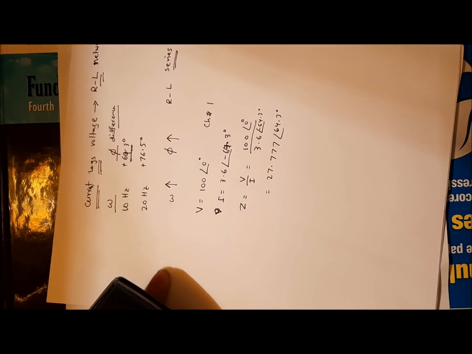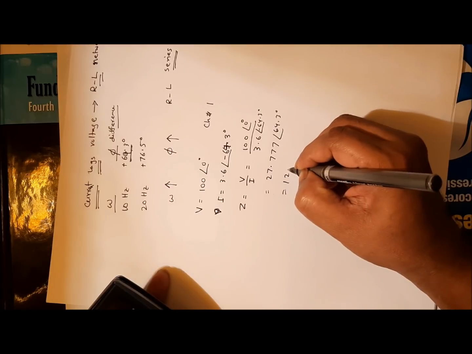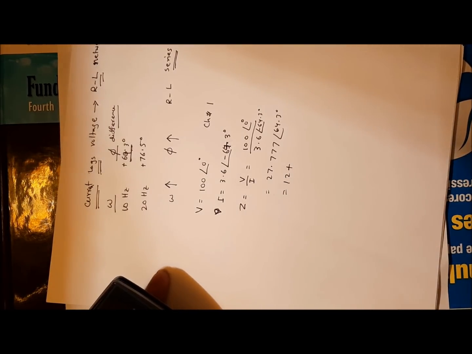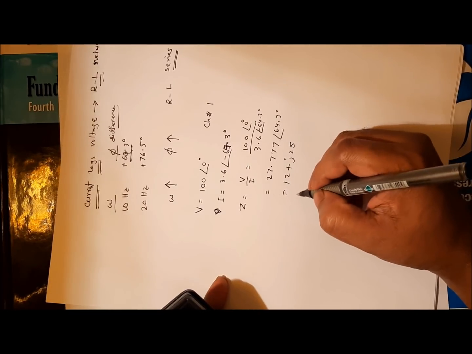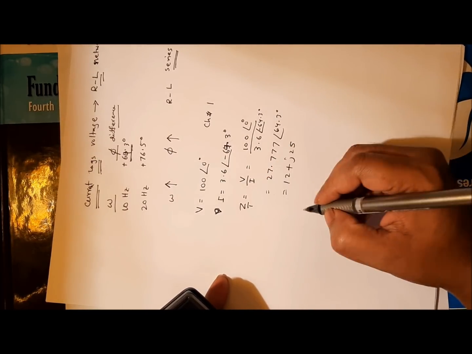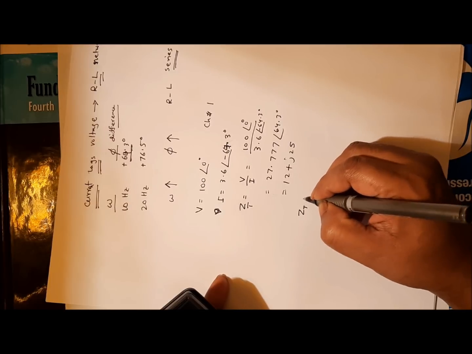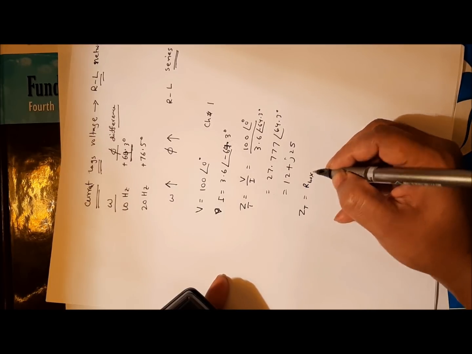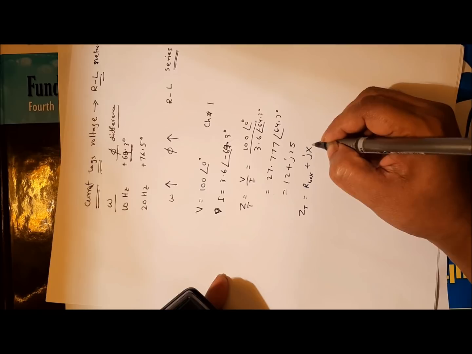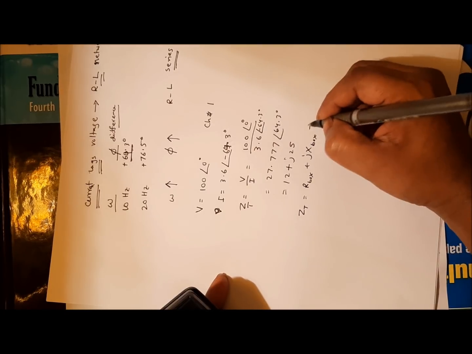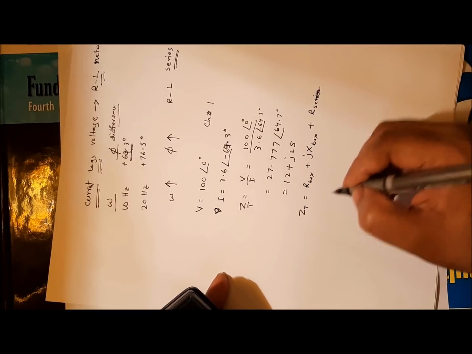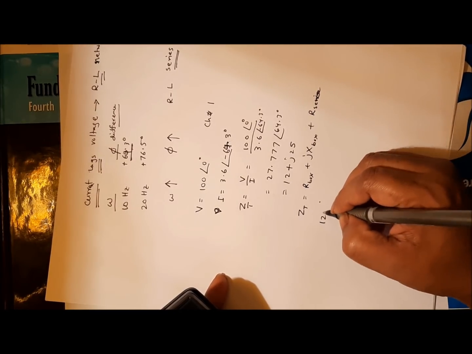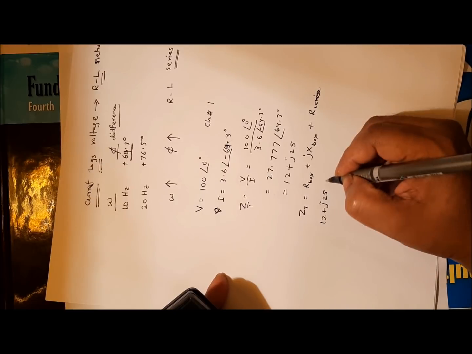If I convert to rectangular form, it becomes 12 plus j25. Now we have this total impedance. Total impedance ZT will be the box resistance plus box reactance plus the sense resistance, so total is 12 plus j25.